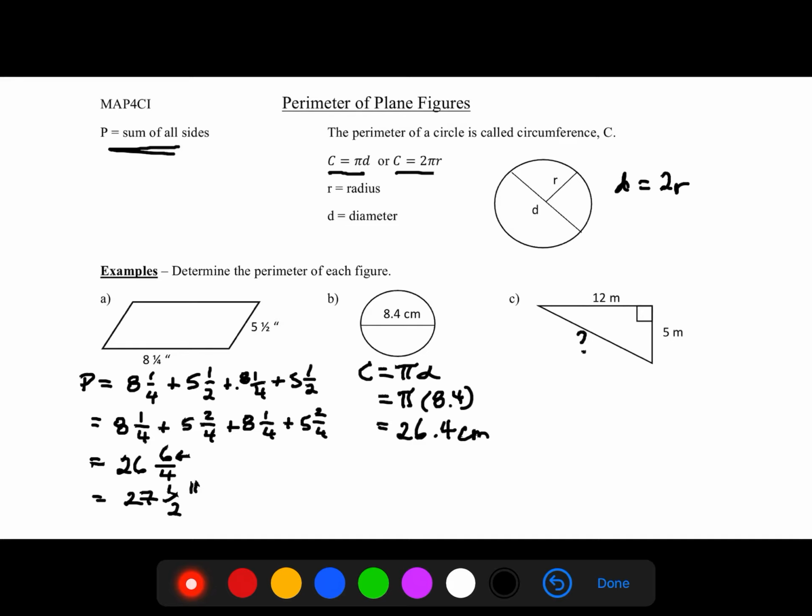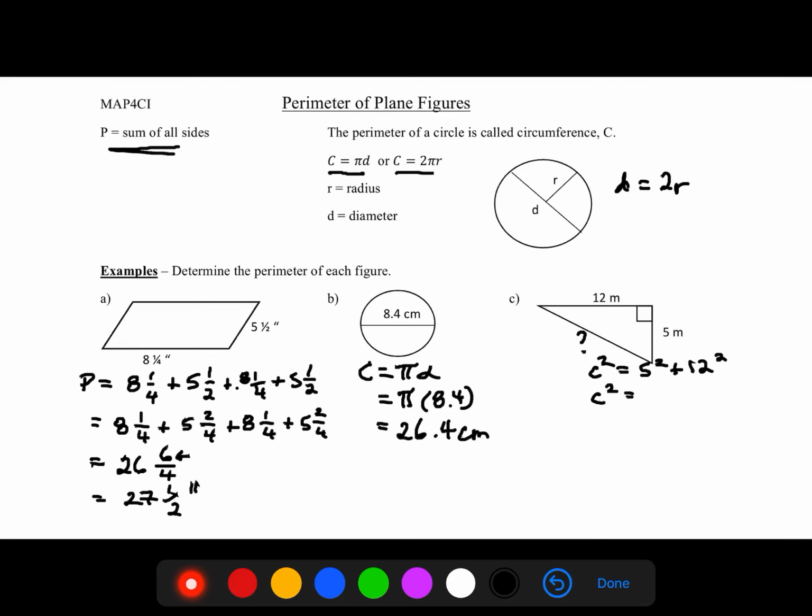For part C, we have our triangle. Now, the problem here is that we don't know how big this side is. So we have to think about a way to find that out. Well, we know 2 sides of a right angled triangle, which means that we can use Pythagorean theorem to find our third side. So we're going to use c squared equals 5 squared plus 12 squared.